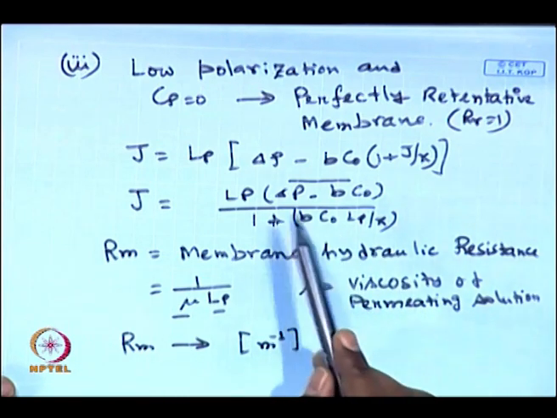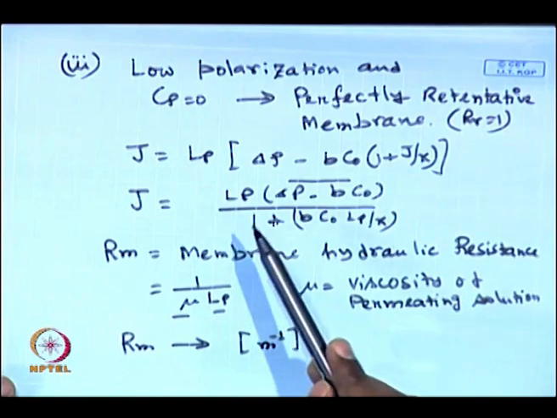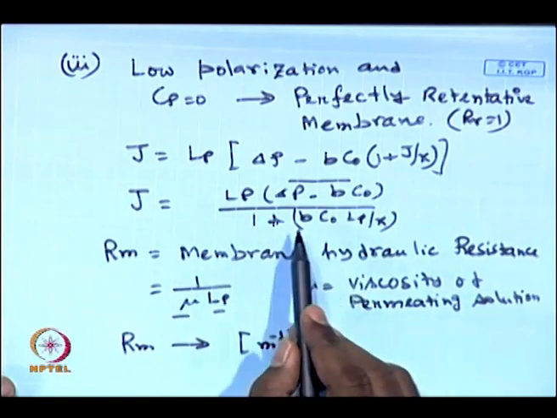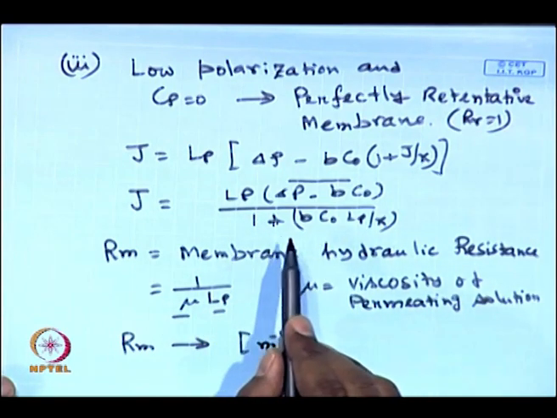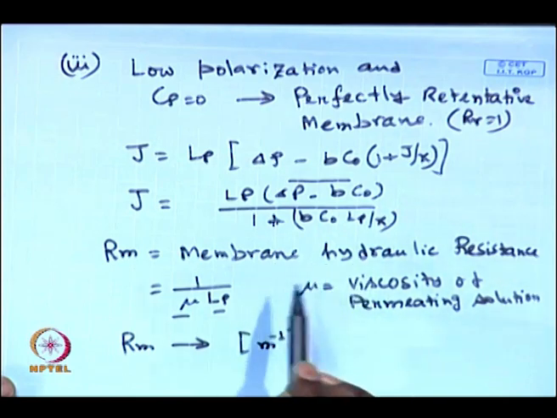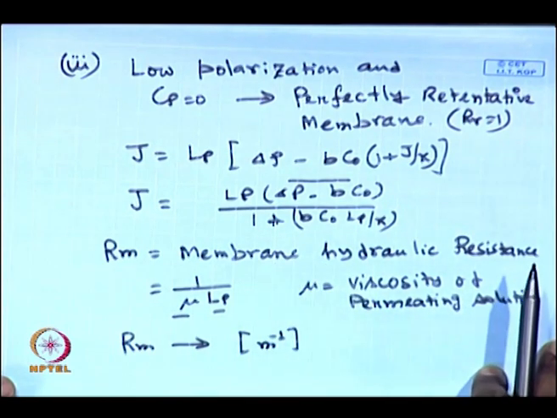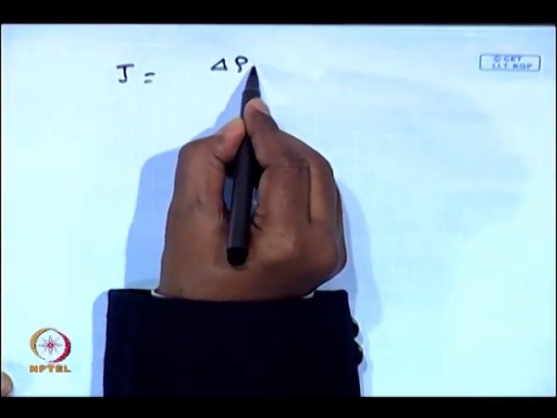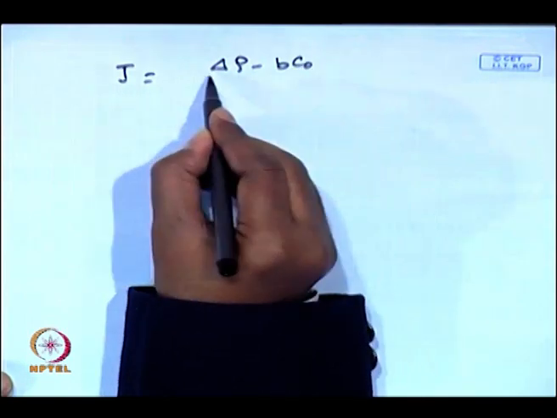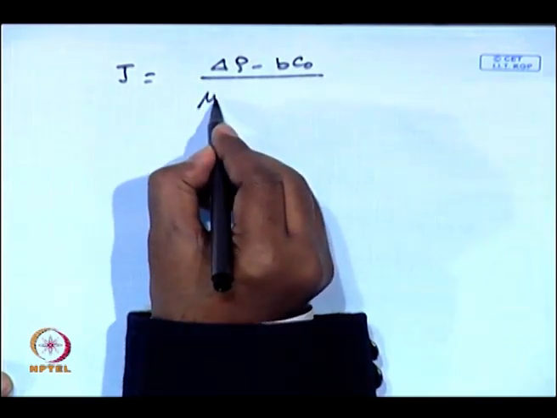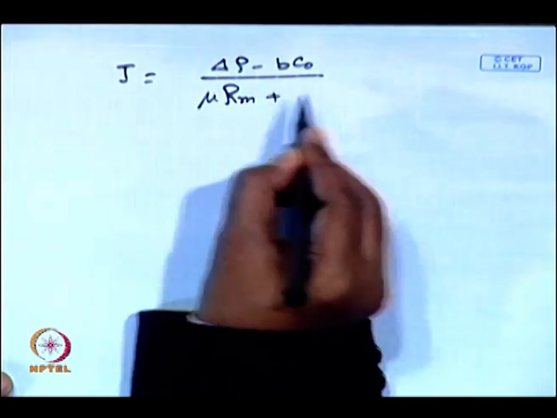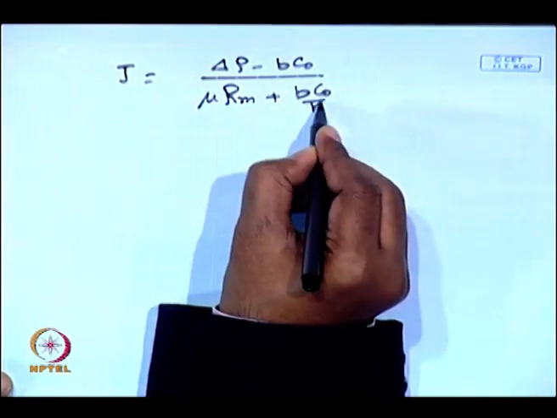Now, if I substitute Lp in terms of membrane resistance, the whole denominator can be divided into two resistive terms. Let us substitute and see what we get. You will get J equal to (delta P minus B C naught) divided by mu times (Rm plus B C naught by K).